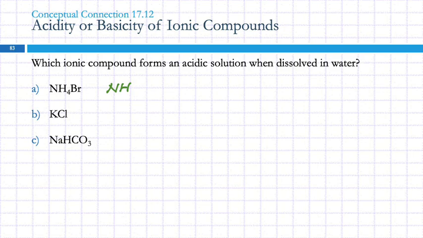So, this has ammonium ion and bromide ion. This is related to NH3, right? Is NH3 a weak base or a strong base? It's a weak base. So then this will act as a weak acid. Br- is related to which acid? HBr, which is a strong acid. So that's not going to do anything. So the NH4+ will act as a weak acid, and so we should get an acidic solution.